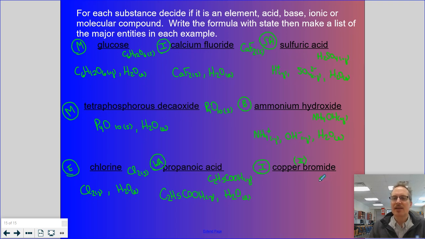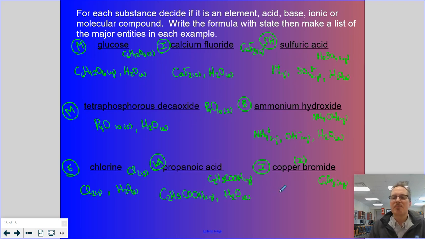Therefore, when I go to write this, I'm going to write it as CuBr2. I'm going to look this up in my solubility table. And if I take a look, copper 1 bromide is slightly soluble. Copper 2 bromide is very soluble. So this is going to be aqueous.